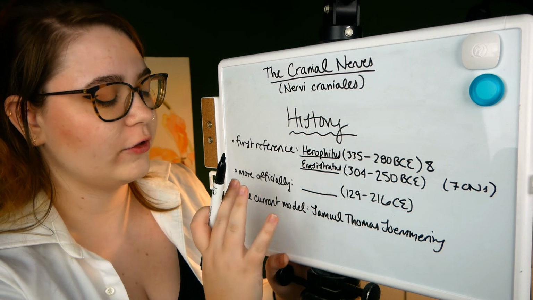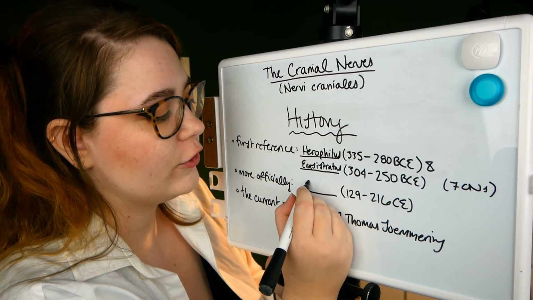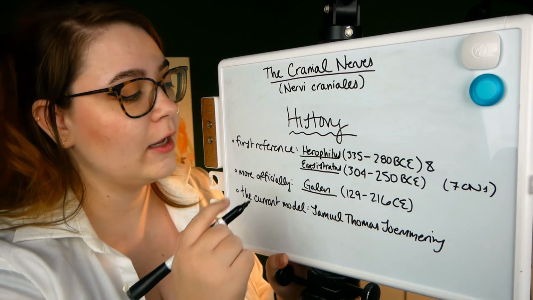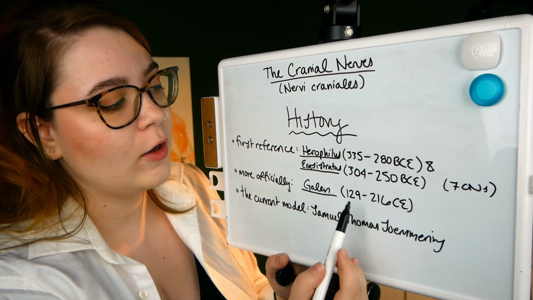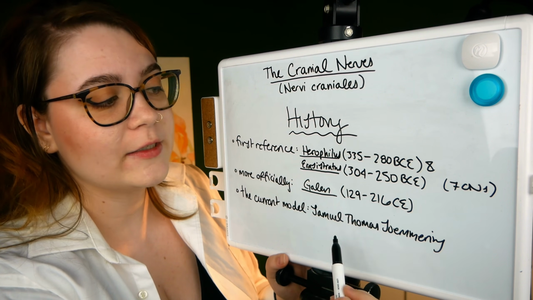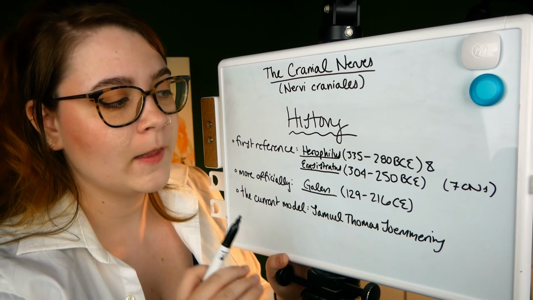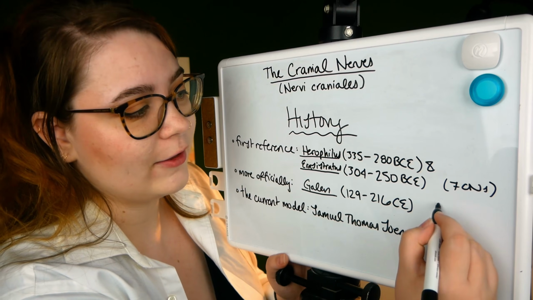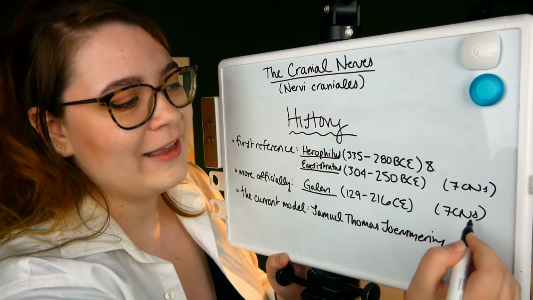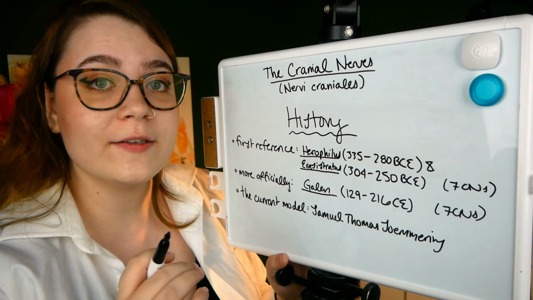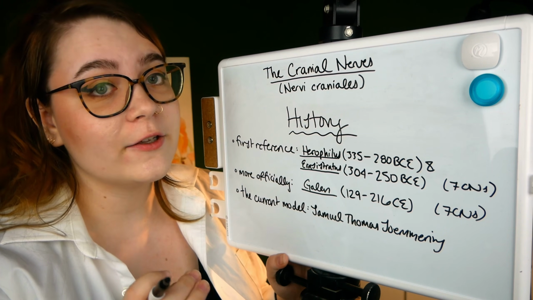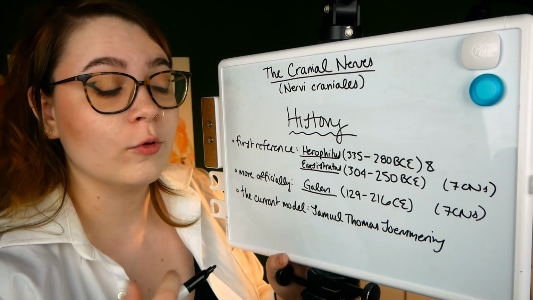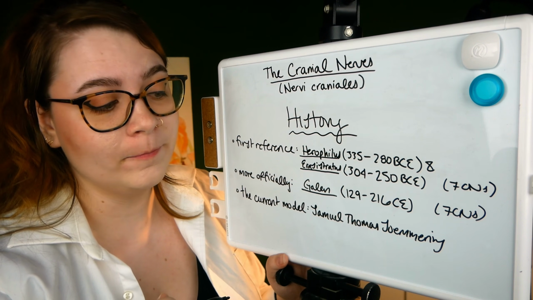However, more officially, this is attributed to the Greek Roman physician and philosopher Galen, 129 to 216 Common Era, whose writings on anatomy, including the 7 cranial nerves that he identified, reigned supreme in medicine until the Italian Renaissance, where people started to add to or correct his work.